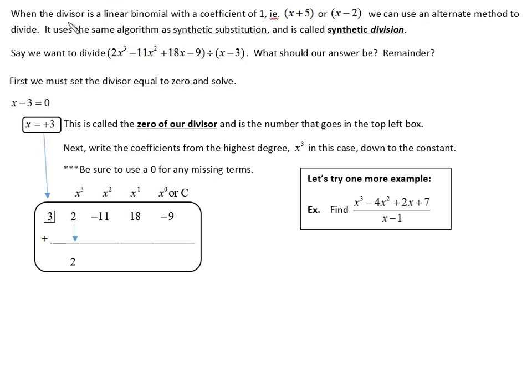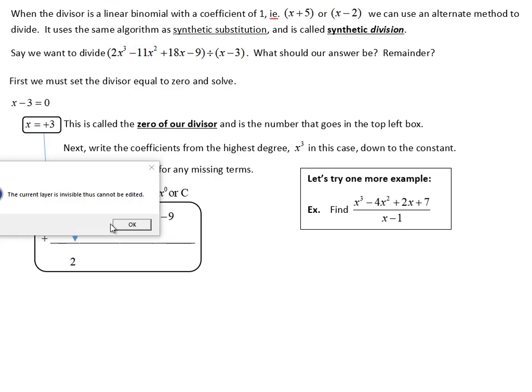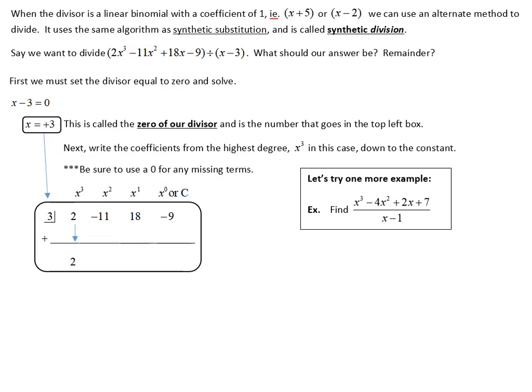So if our divisor is a linear binomial, that means x to the first power is our highest degree, and it has two terms. And its coefficient has to be a 1. So 1x to the first, plus or minus some whole number. If we're dividing with these kinds of specific-looking cases, then we can use synthetic division.